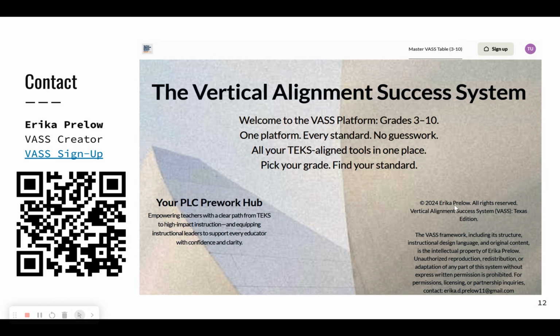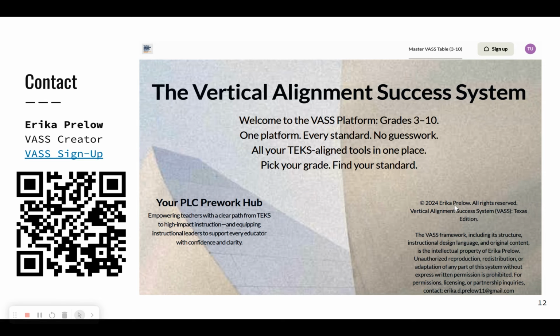Again, what we seek to do is one platform, every standard, no guesswork, all your TEKS-aligned tools in one place. You pick your grade, find your standard, and you're good to go. And it allows PLCs to move into an area where we're not sifting through things or just accepting the misconceptions and everything just to be compliant.